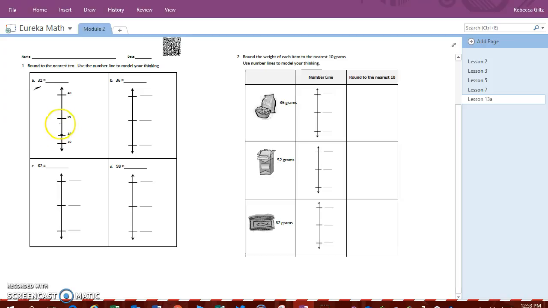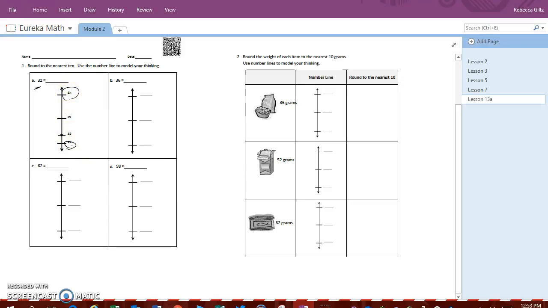So if you look at this number line, here's the 30 at the bottom, here's the 40 at the top. We want to show an interval with the lower 10 on the bottom and the higher 10 on the top. Just one more 10. So 3 tens plus 1 ten is 4 tens.